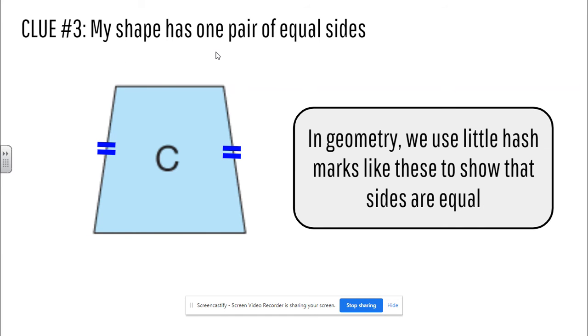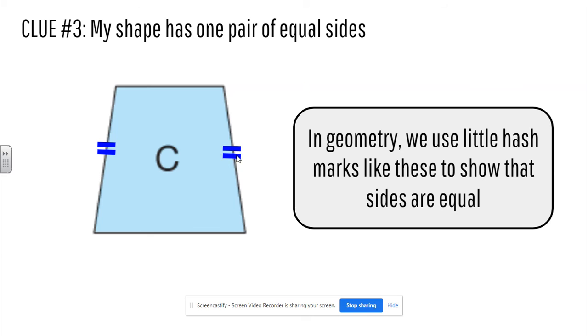Clue number three, my shape has one pair of equal sides. You can see that these two sides here, they're not going in the same direction, but they are the same length. And so in geometry, we're going to use these little hash marks to show that those sides are exactly the same length. They are equal. Now, these look like equal signs.